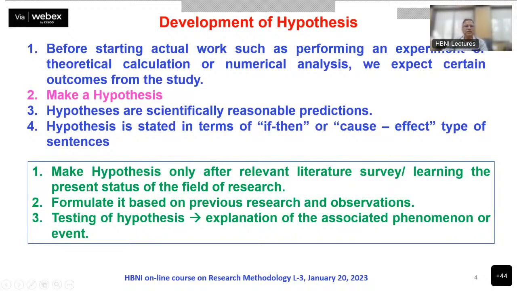You learn the present status of the field by doing a good literature survey. Once you are sure that the hypothesis has not been tested before, you can make it. After that, you formulate it based on previous research and observations, and then you plan the testing of the hypothesis. That will give you the explanation of the different phenomena or events.